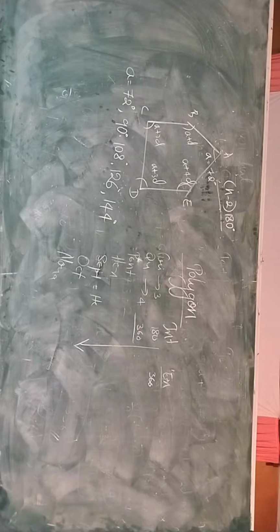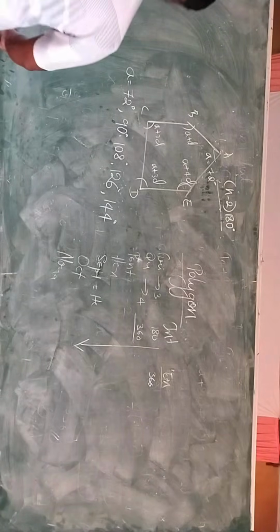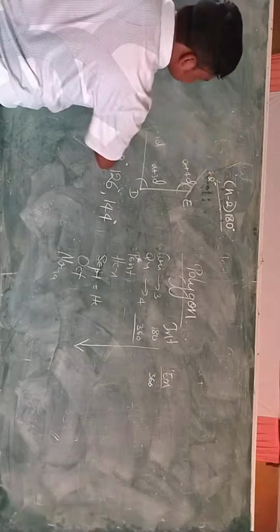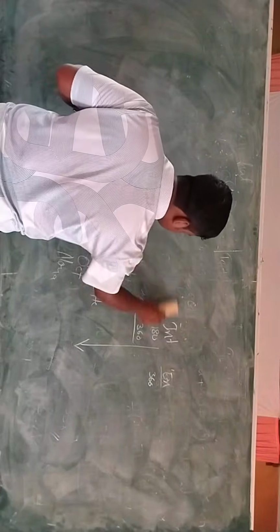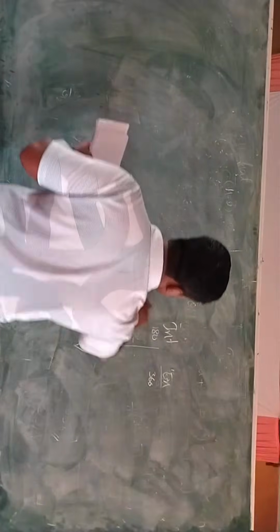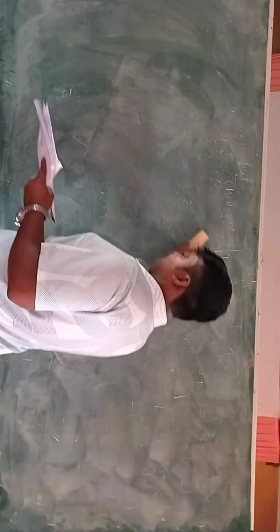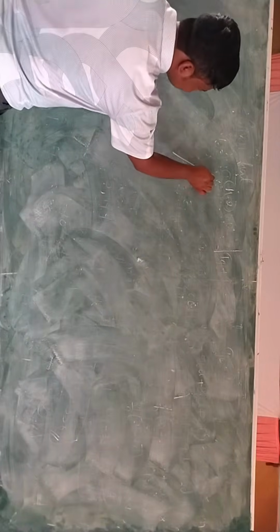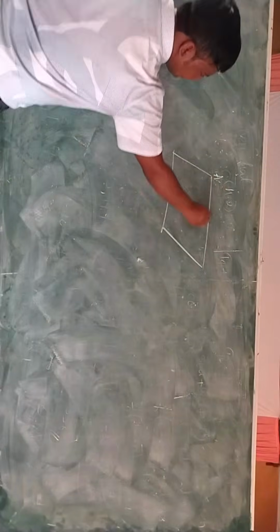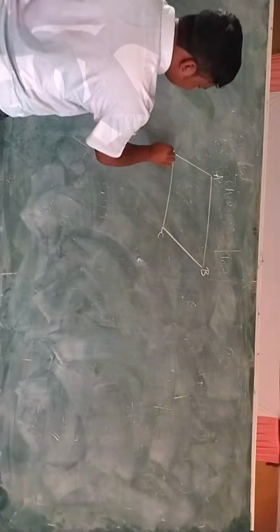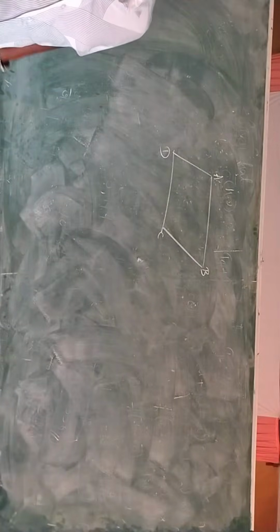Okay, see here. ABCD is one quadrilateral, and the angles are in arithmetic progression.